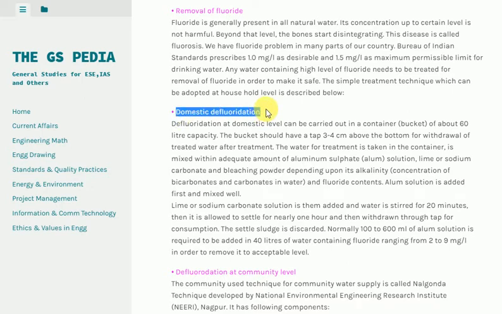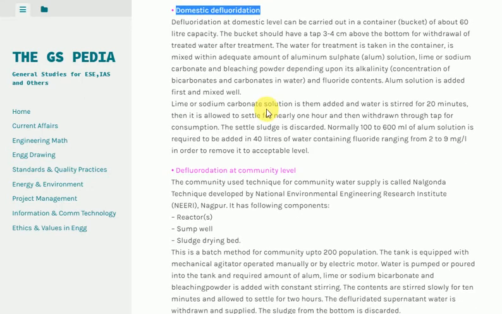Defluoridation at domestic level can be carried out in a container bucket of about 60-liter capacity. The bucket should have a tap 3-4 centimeters above the bottom for withdrawal of treated water after treatment.